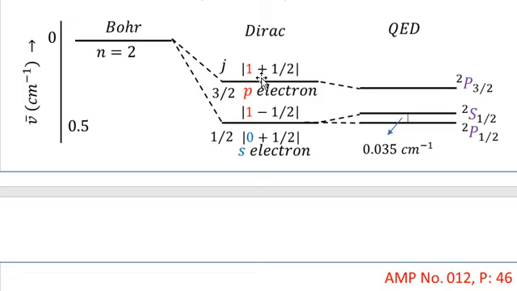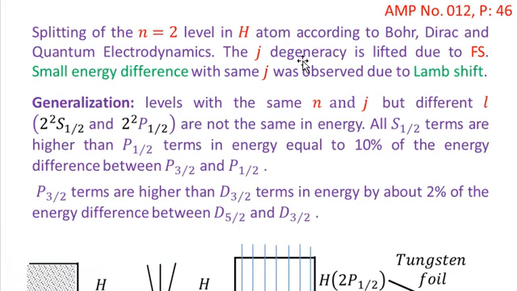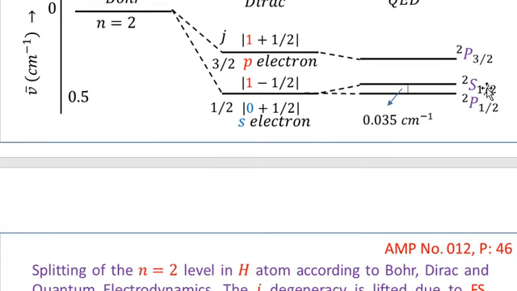Here the J degeneracy is lifted, because the value of J 3/2 is greater than the value of J 1/2 according to the fine structure. Small energy difference with the same J was observed due to the Lamb shift. So this fine energy difference, the energy difference between two levels with the same value of J, is due to the Lamb shift.